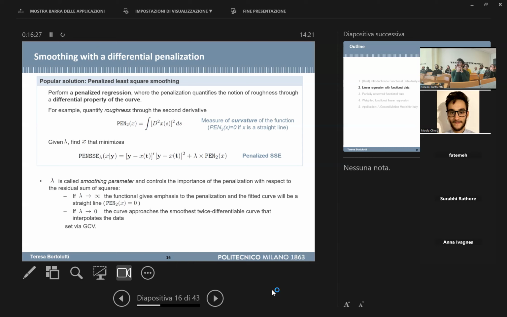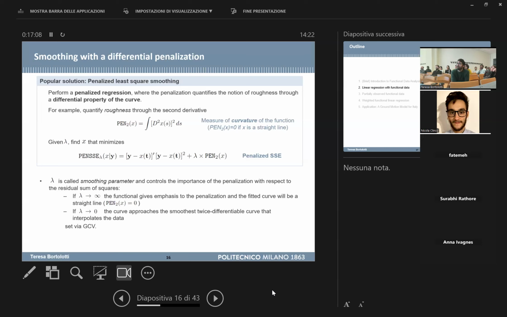So if you are looking for a smooth function, you may want to introduce a penalization on its second order derivative, so that the selected function eventually is as regular as the weight that you are giving to this part here. This part here is the least squares. Lambda is called smoothing parameter. The larger lambda, the smoother the resulting function. The smaller lambda, the rougher the resulting function is. Lambda, okay, we set lambda through generalized cross validation.